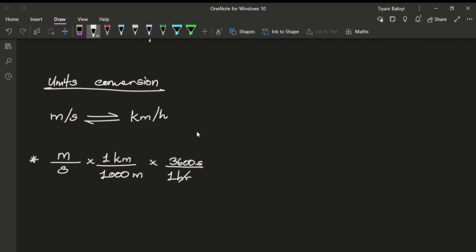And seconds cancel out with seconds, meters cancel out with meters. So we'll have 3,600 over 1,000 kilometers per hour. This is 3.6 kilometers per hour, right?